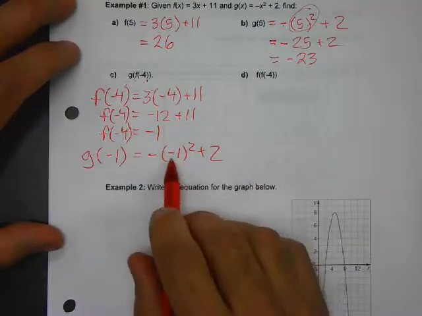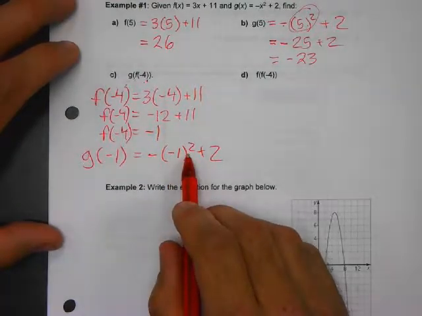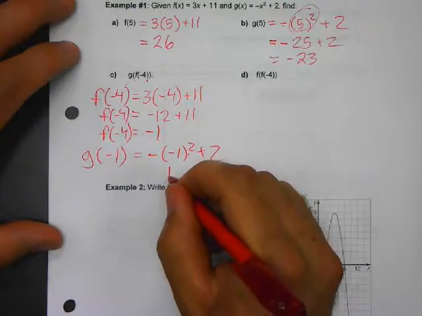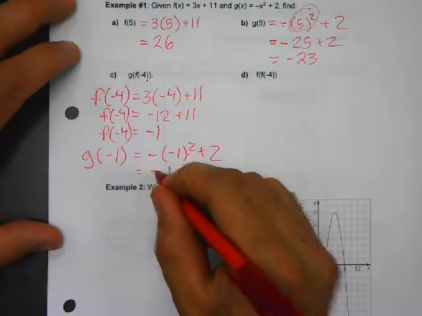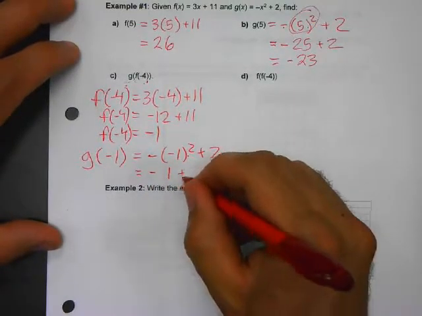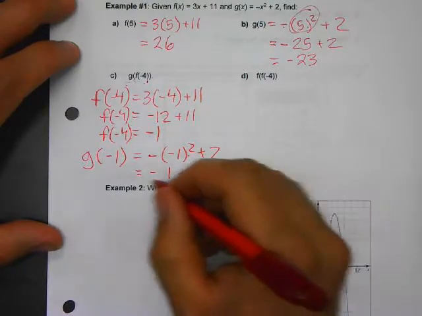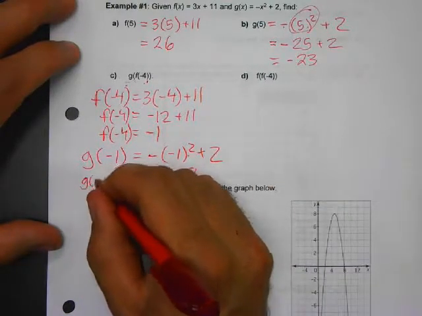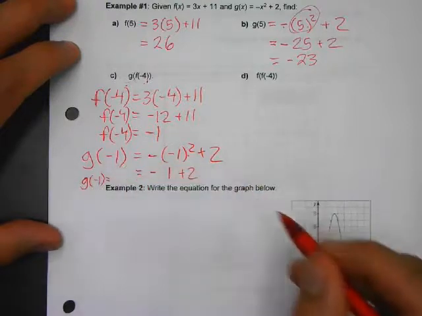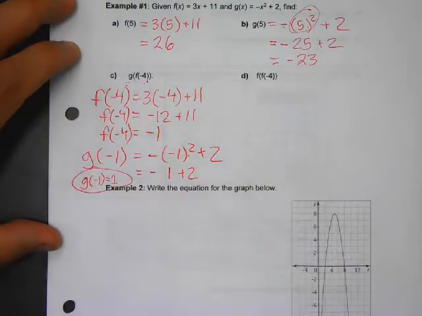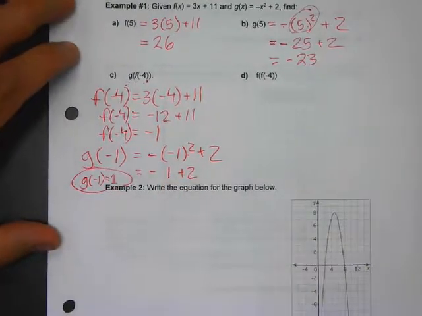Okay, so negative 1 squared is positive 1. We copy down our answer, so that's going to be positive 1, but there's still a negative there, and then plus 2. So when we do that, the overall answer is g of negative 1 is equal to 1. There's our answer, because it's negative 1 plus 2.